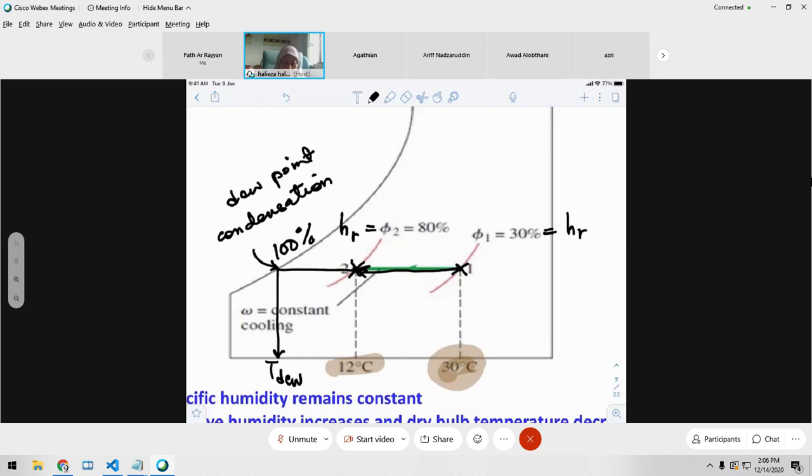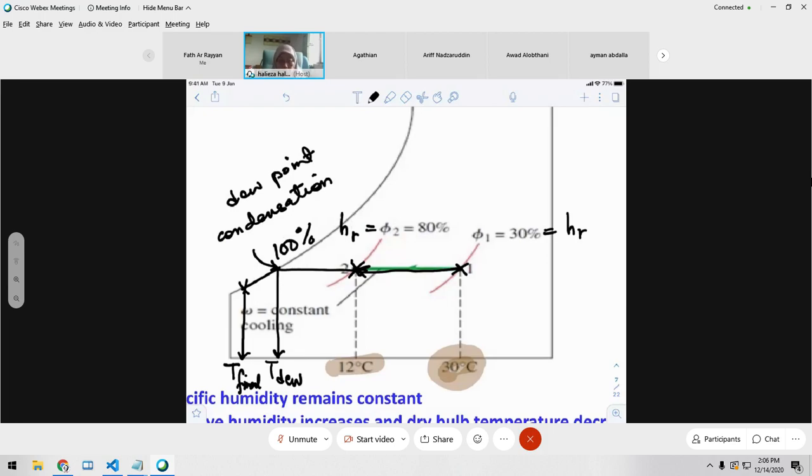If you proceed further to cool it down, you will have to move along the 100% line. If this is your final position, then you should be able to get the final temperature. It should be on the 100% curve, because once you start cooling it further down, it cannot go anywhere else except on the 100% curve.